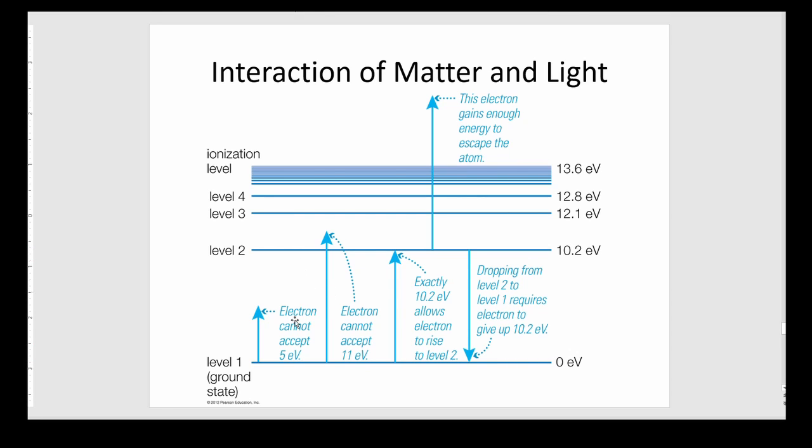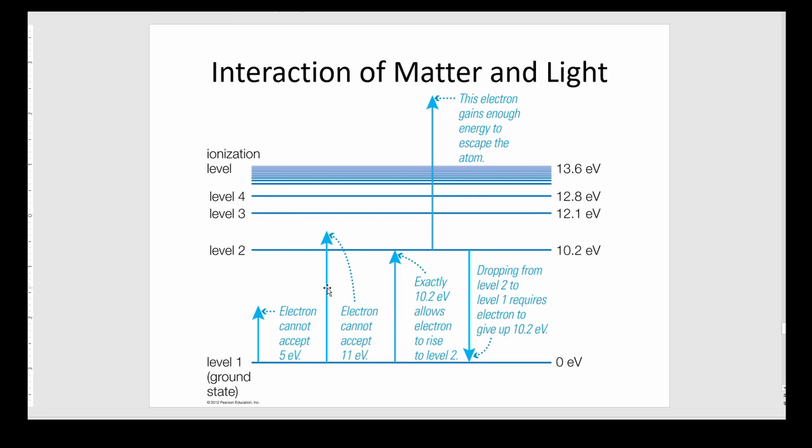And anything in between is impossible. So if we give 5 electron volt to this system moving in this level, there will be no change. This 5 electron volt will move around without any problem.